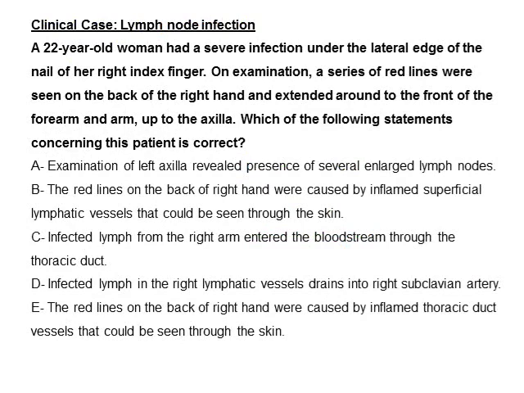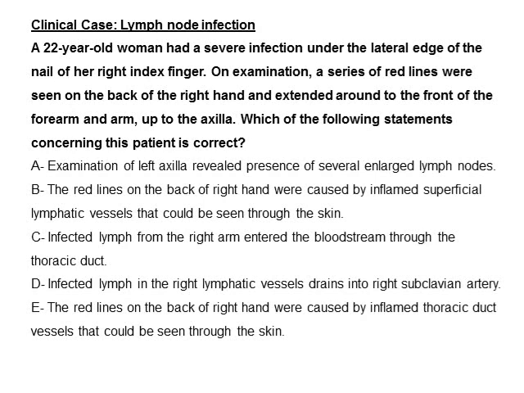This is a clinical case, and I'd like you to think about it and select the correct answer. The case is about lymph node infection. A 22-year-old woman had a severe infection under the lateral edge of the nail of her right index finger.